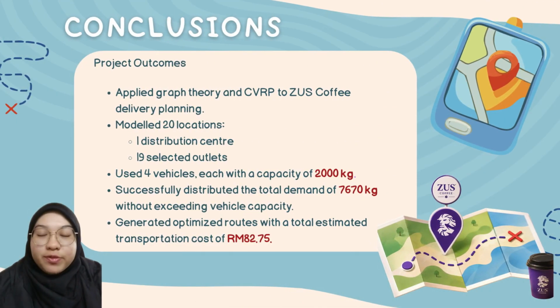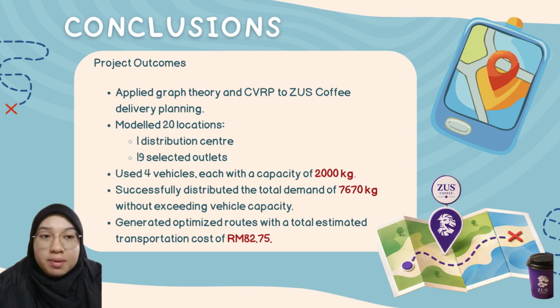This project successfully applied graph theory and the CVRP to improve the delivery planning for Zeus Coffee outlets in Shah Alam. The distribution network involved 20 locations, consisting of Zeus Coffee HQ Gallery acting as a distribution center and 19 selected outlets. 4 delivery vehicles were used, with each vehicle having a maximum capacity of 2,000 kg.